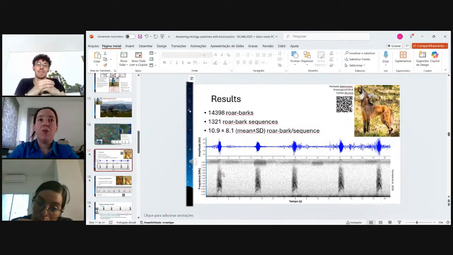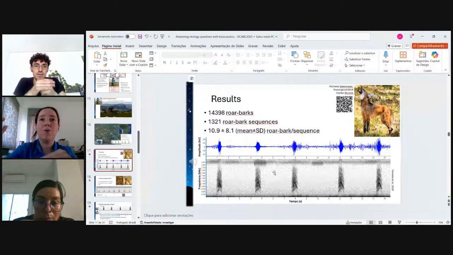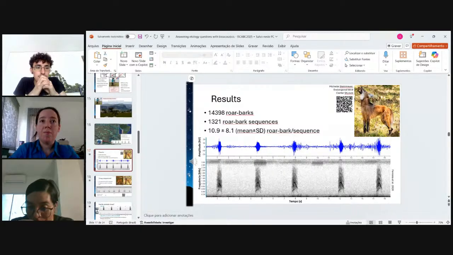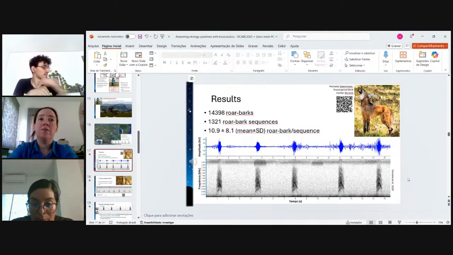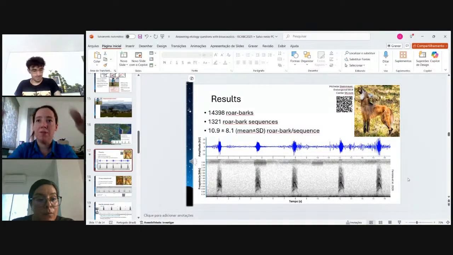And you can see that the maned wolf is exactly just below. So this is a more silent band, and the maned wolf seems to use precisely this band to communicate.